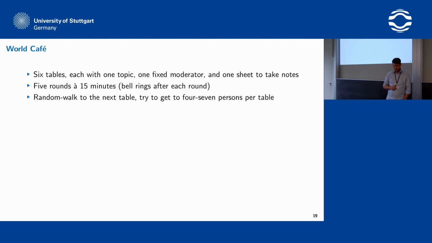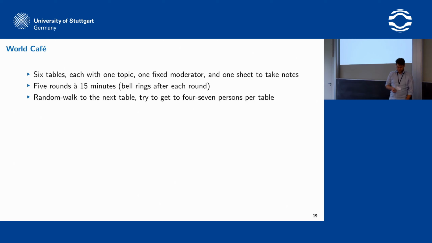Okay, so now about this World Cafe. A World Cafe is a discussion format that we have not invented, that many people do, and maybe we're also not following all the World Cafe rules exactly. So we have made it our own thing. If you have been to a previous Precise workshop, you know the concept.